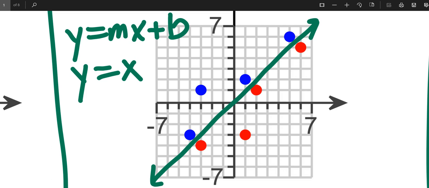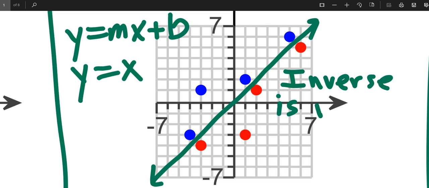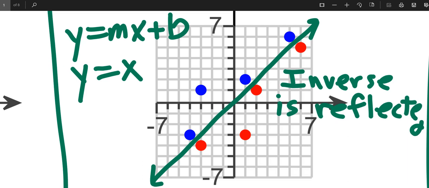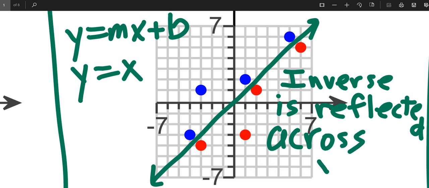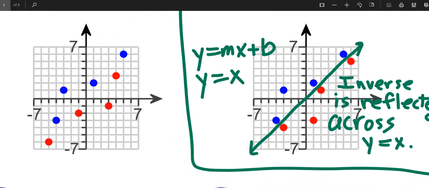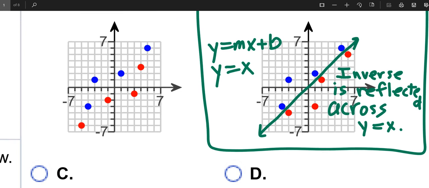Okay, so we've got this line, and we say that the inverse is reflected across y equals x. The inverse is reflected across y equals x.